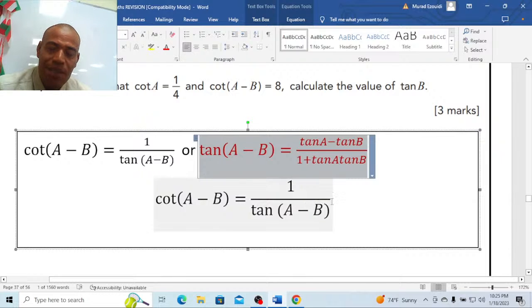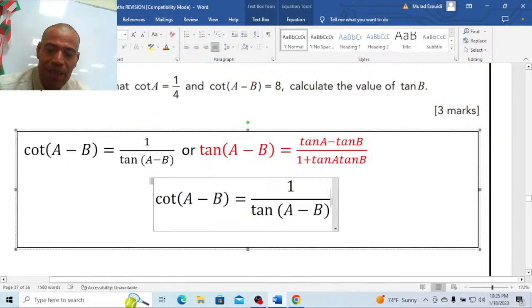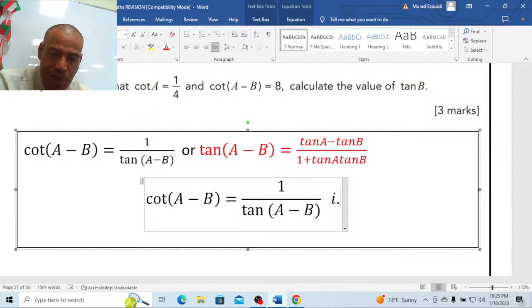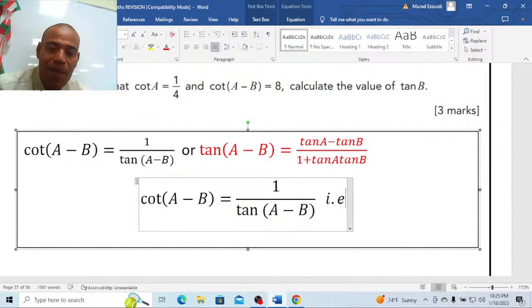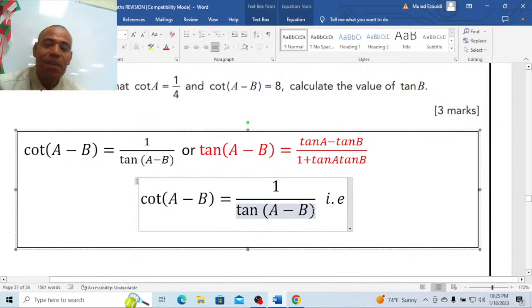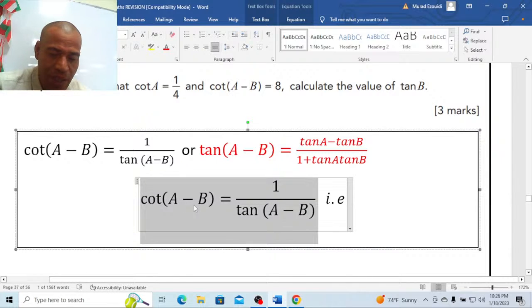I will make cross multiplying, which means tangent of A minus B equals 1 over cotangent of A minus B. I will do this again because it's very important.